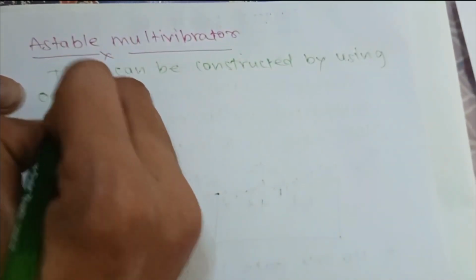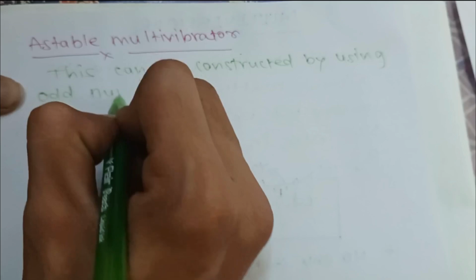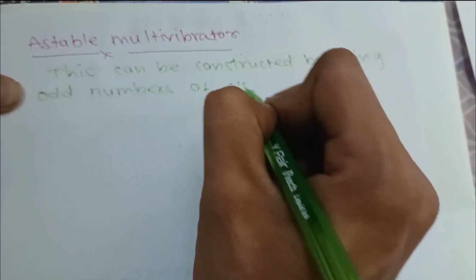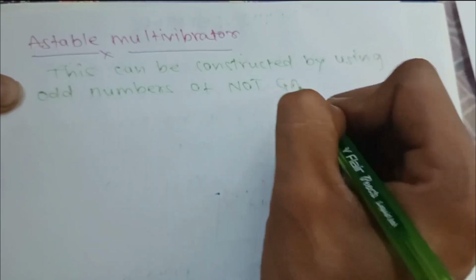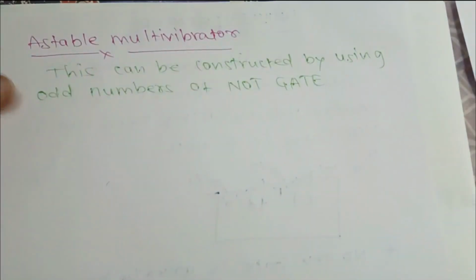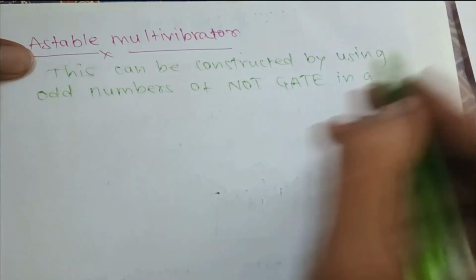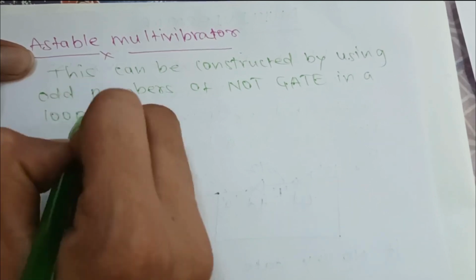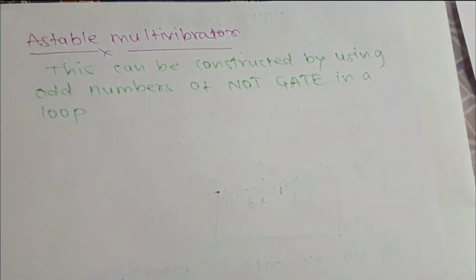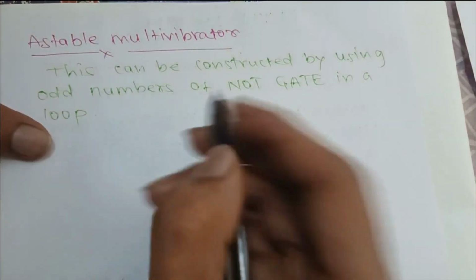Keep that in mind. Hope you got this. So we'll see what we have written over there: an odd number of NOT gates.